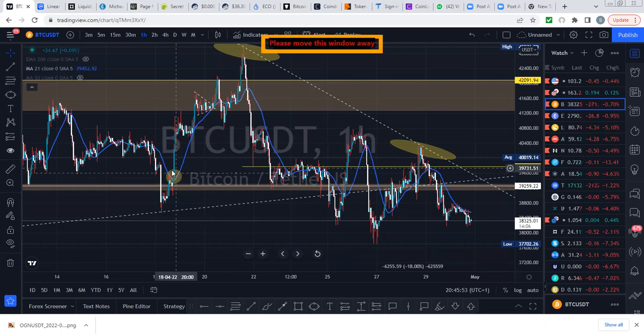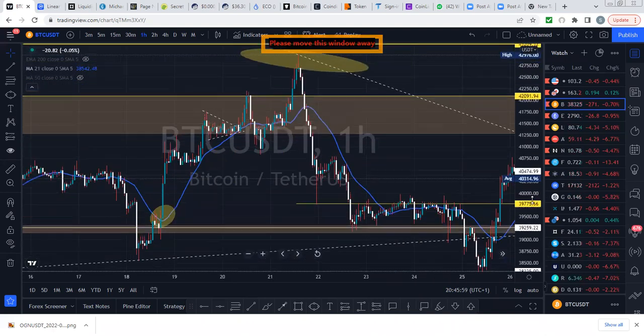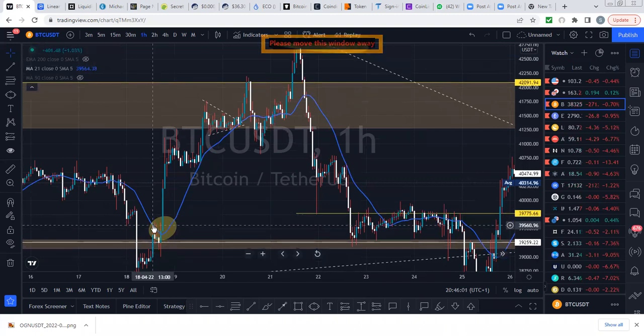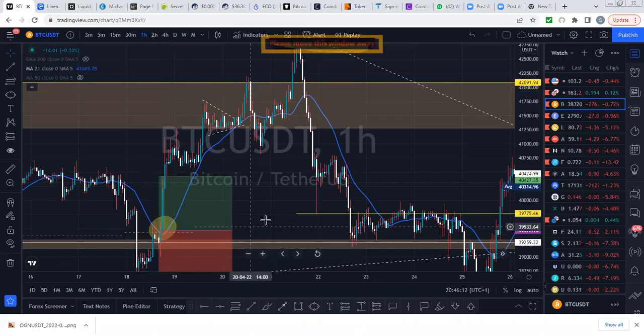Price went up above this moving average here. You can see where the buy signal is here. So if I'm to buy now, I will place my buy order just above here, the close of the other candle.